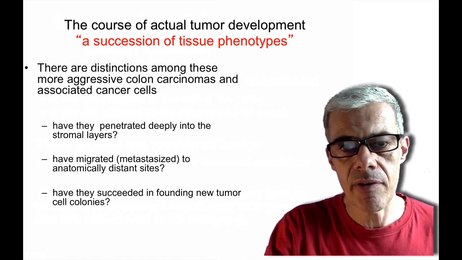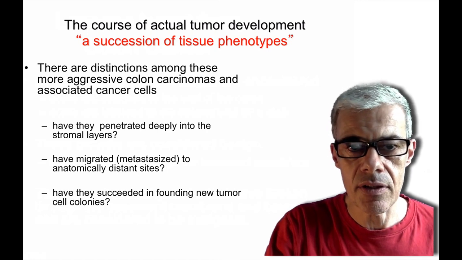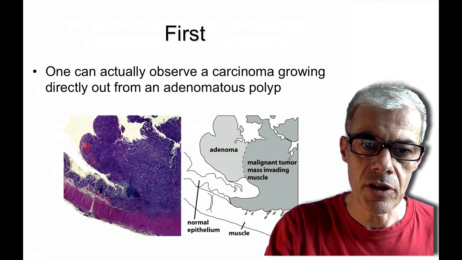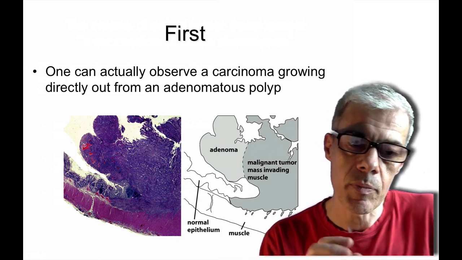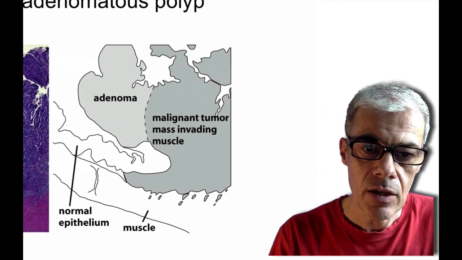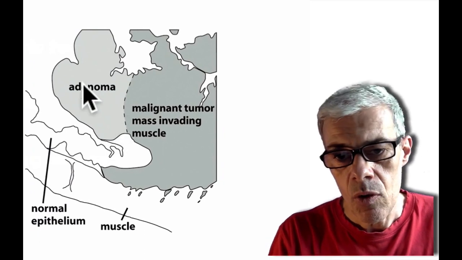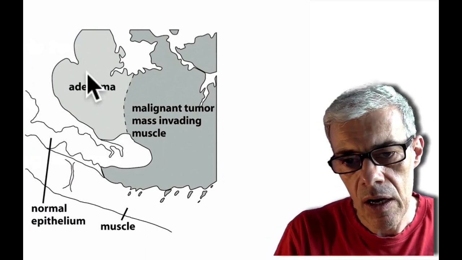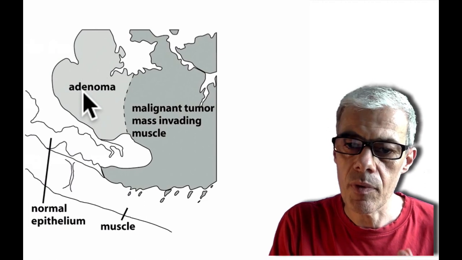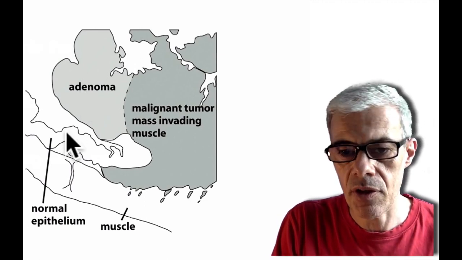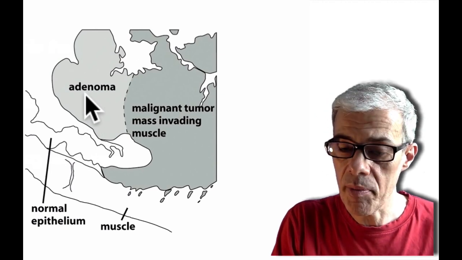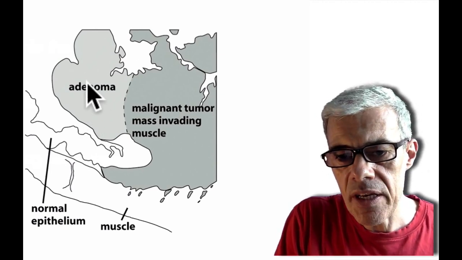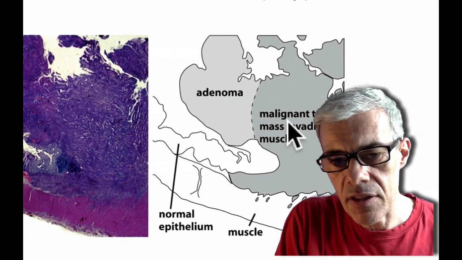And there are three bits of evidence that indicate that this succession of tissue phenotypes is actually what happens. One piece of information shown here is that these are the normal cells. These cells have picked up mutations to become an adenoma, and then from these adenoma cells, the malignant cells are growing.